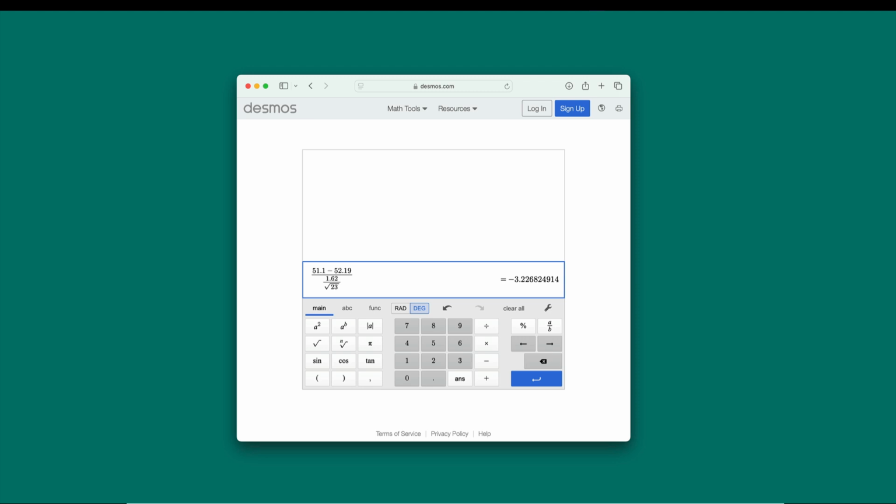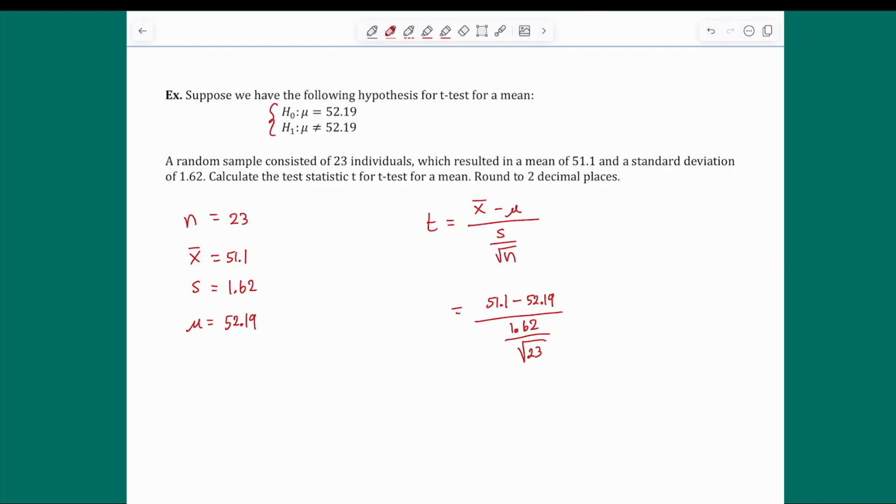And we get negative 3.226824914. Let's go back to the notes. T-scores or test statistics are often rounded to 2 decimal places, so we get negative 3.23 as the test statistic.